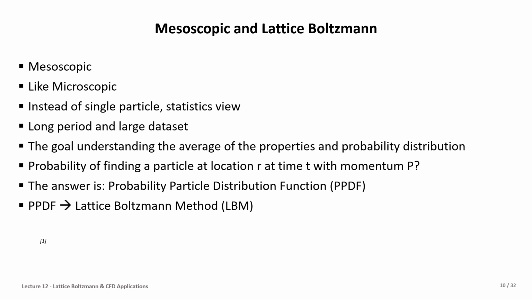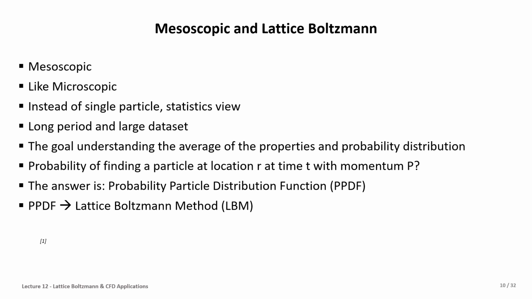The probability distribution function in this regard is very applicable because we're studying the statistics. It gives the probability of finding a particle at location r at time t with momentum p. So this is the main statement in the mesoscopic one.